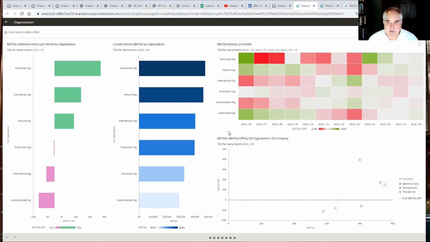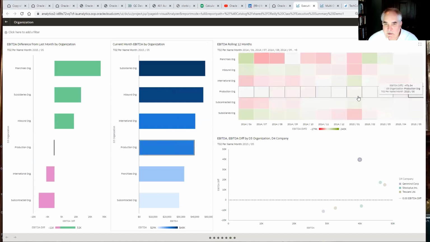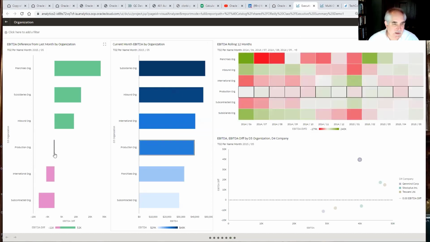We don't always put that in the summary just because it takes more effort to look at. But if we want to highlight this, obviously when we say, oh, production is this one, what is the pattern here? We can see it's a very, very small bar here. It's a bigger bar. And then of course we can see it across time.